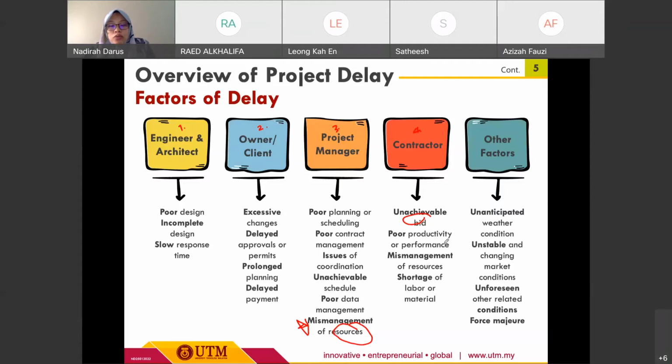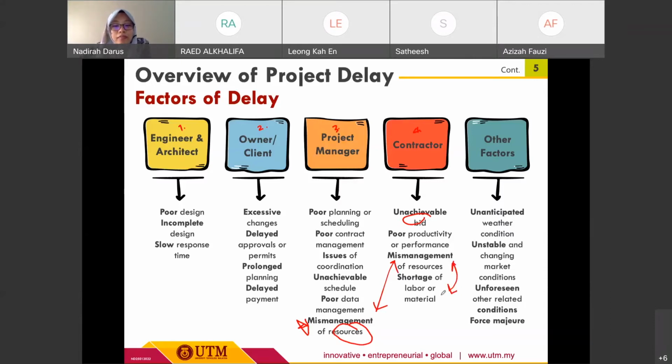Okay, so this needs to be properly managed and also properly considered by the contractor, so that they are able to deliver good productivity of work, with the optimum productivity rate, right? Mismanagement of resources, this one we relate back to the earlier point, just the same. Shortage of labor or material, this one is also related, since all of these are resources of the project.